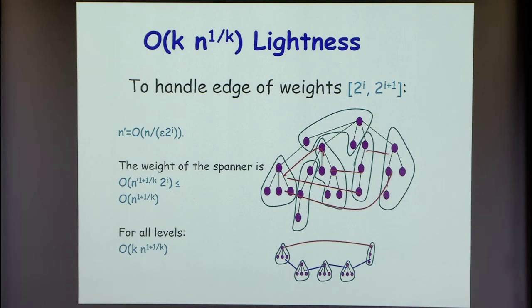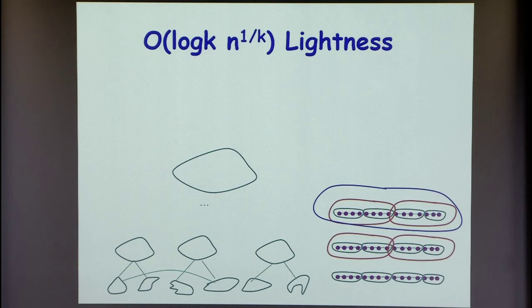Any questions? Okay, so now we want to improve the k factor into a log k factor. Previously, the way we constructed the clusters, we constructed them independently. For each level i, we constructed different clusters. We didn't really care about how they relate to one another.